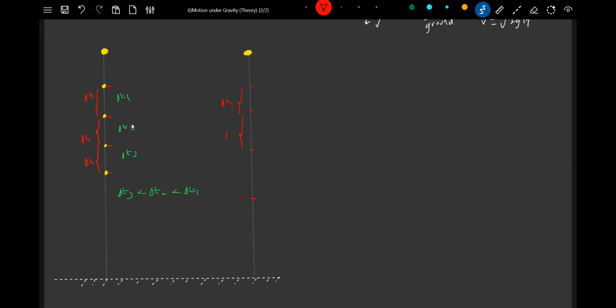Delta H1, delta H2. What about the time interval? They are same. Then the distance covered, the displacement will increase, because of gravity. Because the gravity will produce that acceleration.